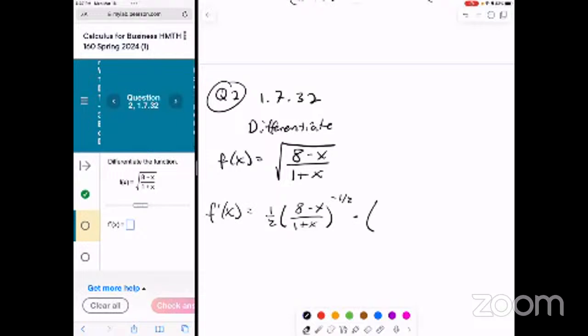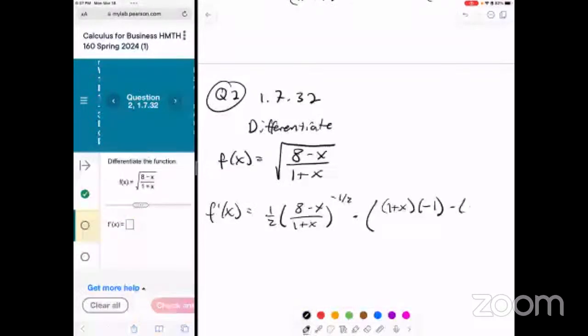So the bottom times the derivative of the top minus the top times the derivative of the bottom, which is just 1, all over the bottom squared. Okay.